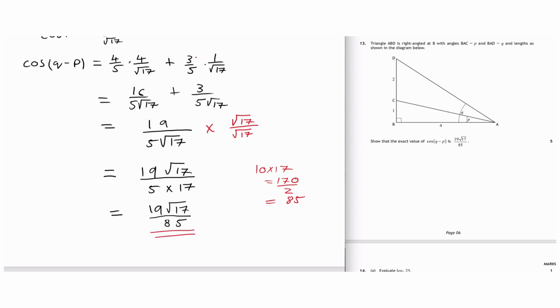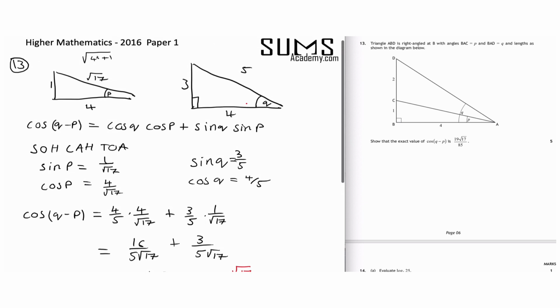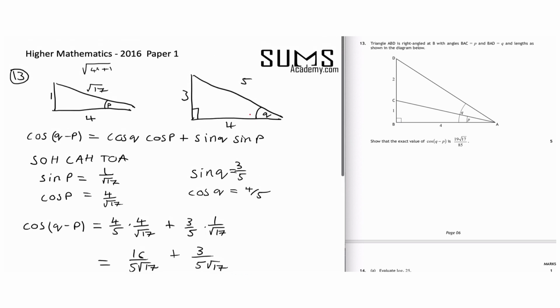Right, so there's the final answer. Okay, so a fairly long question, but we'll see where we get the marks. So you get a mark for getting the hypotenuse of these triangles, and then you get a mark for selecting this compound angle formula, and then you get a mark for calculating these sine and cos values.